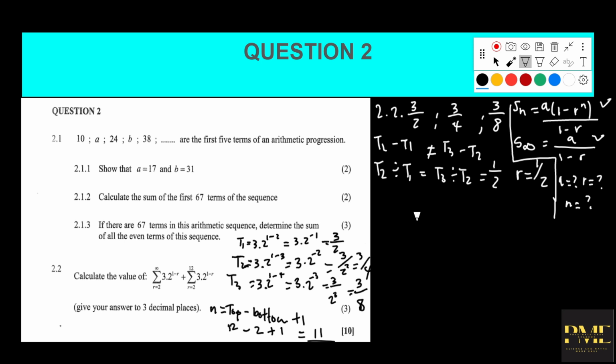Okay, so let us do it, guys. It means the answer here will be equal to the sum to infinity plus the sum to 11 terms of a geometric sequence. So in other words, to work this out, we have a over 1 minus r plus a into 1 minus r exponent n all over 1 minus r.